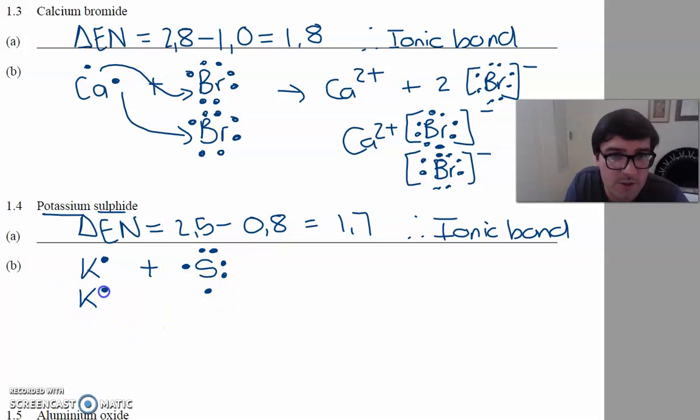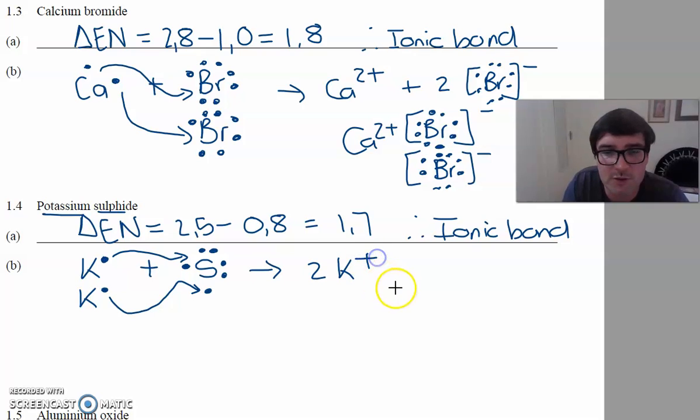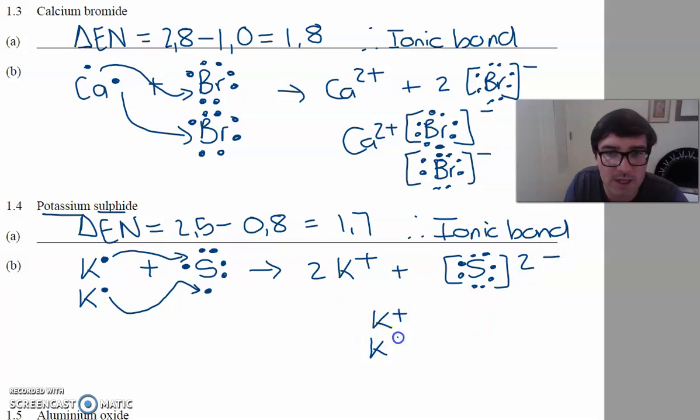So we will need two potassium atoms so that they can donate, transfer their electrons to there and there, which will lead to the formation of two potassium ions and one sulfide ion with a charge of 2 minus. Our final step then would be where they bond in the crystal lattice. We will have two potassium ions bonded to our single sulfide ion.